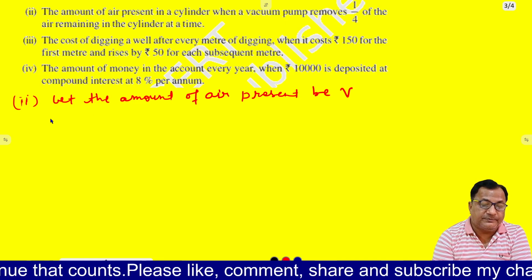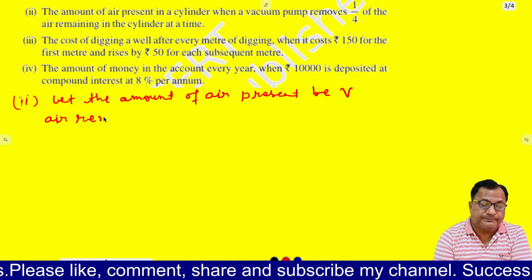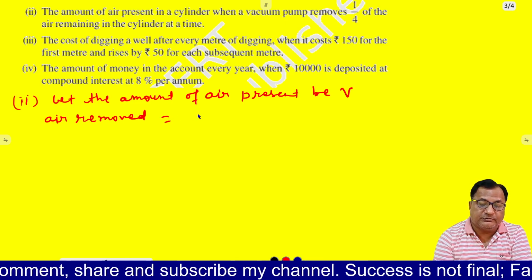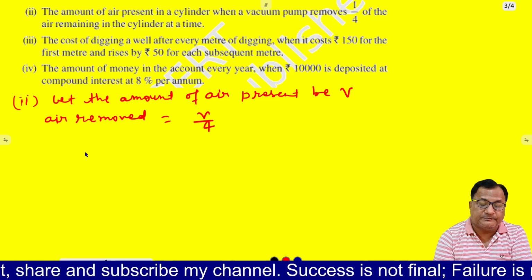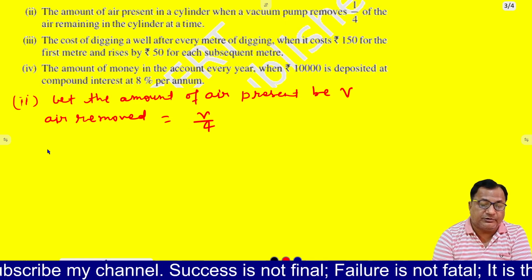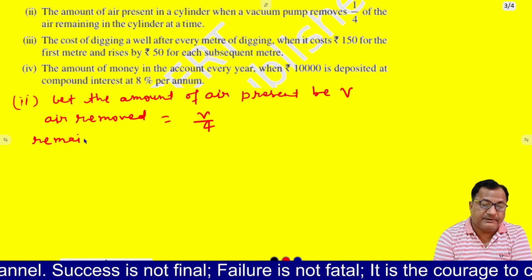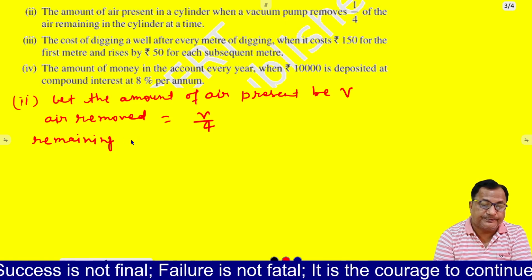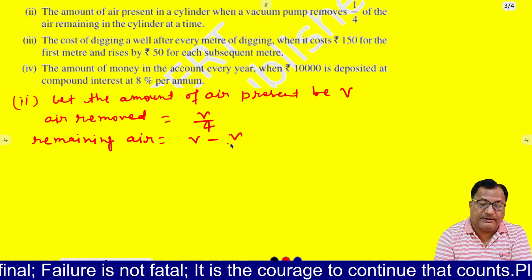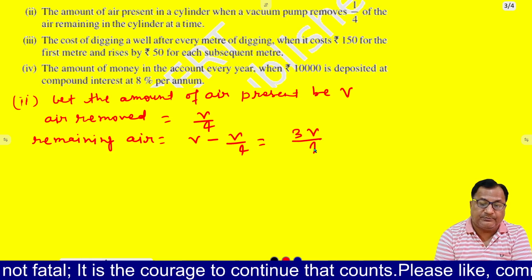the air removed first is equal to V by 4. 1/4 of the remaining air will be V minus V by 4, equal to 3V by 4.